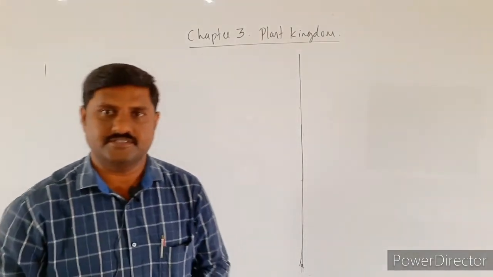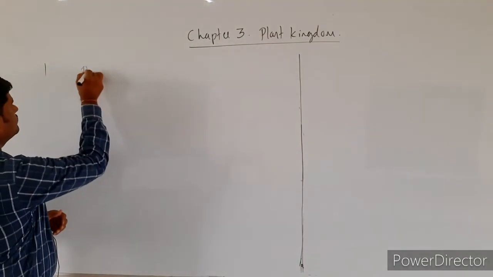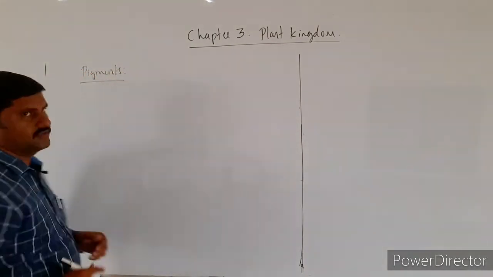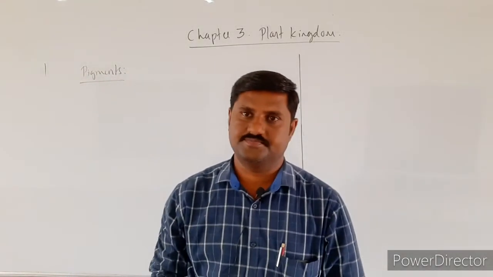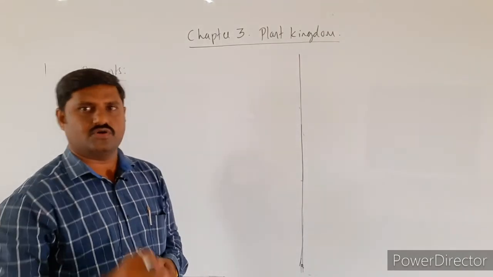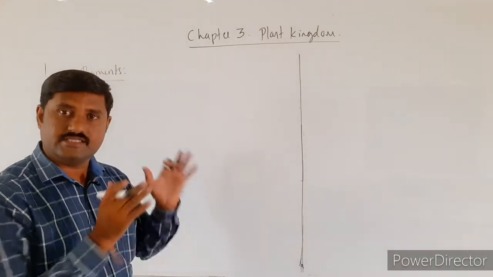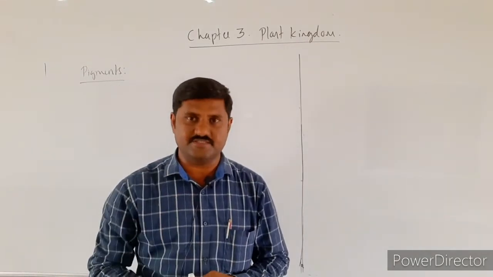Next characteristic feature is pigments. What are the pigments present in these algae? As you know, chlorophyll is one of the photosynthetic pigments. But in this type of algae, what kind of chlorophyll is present?